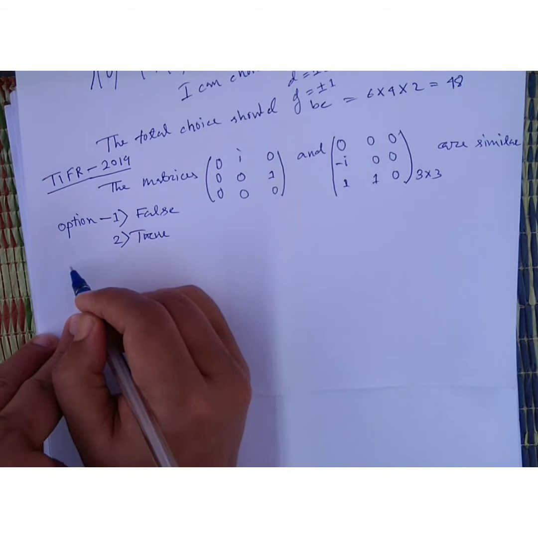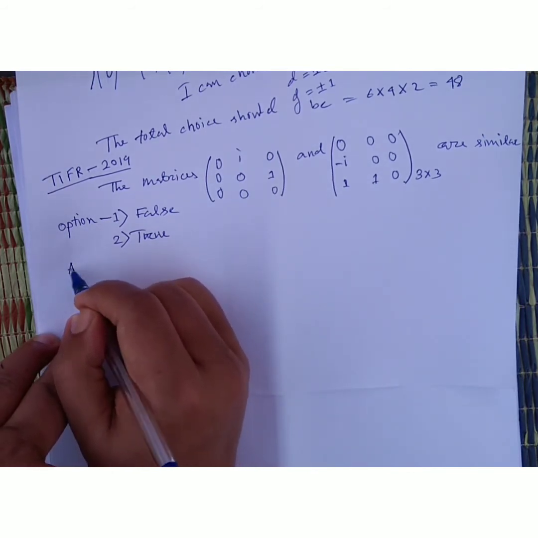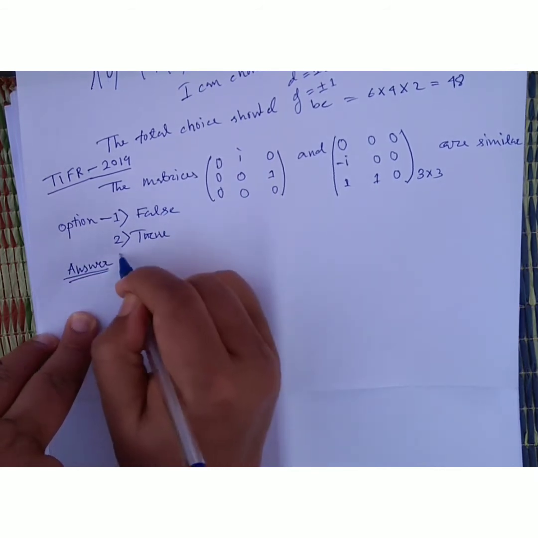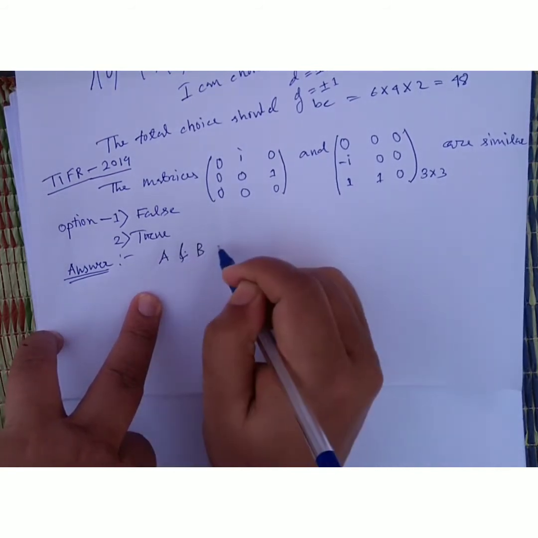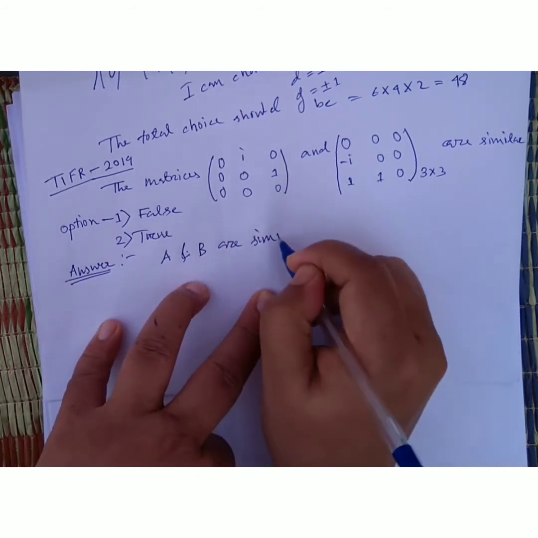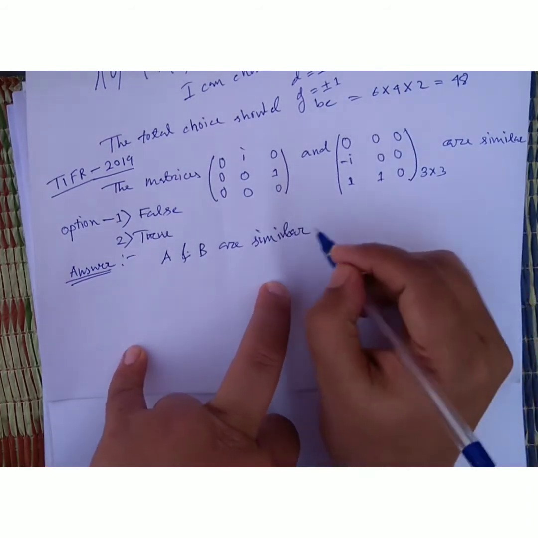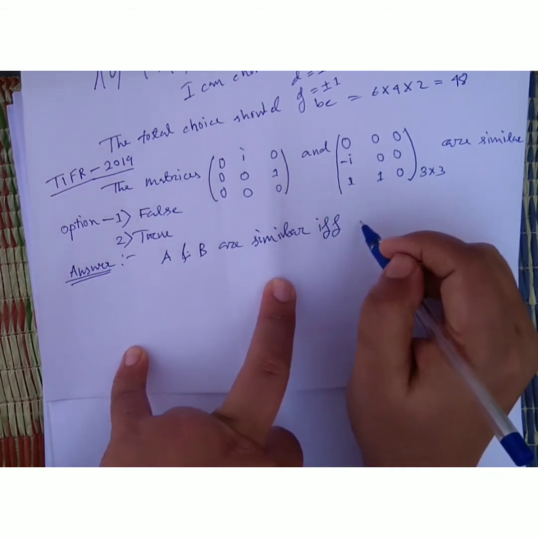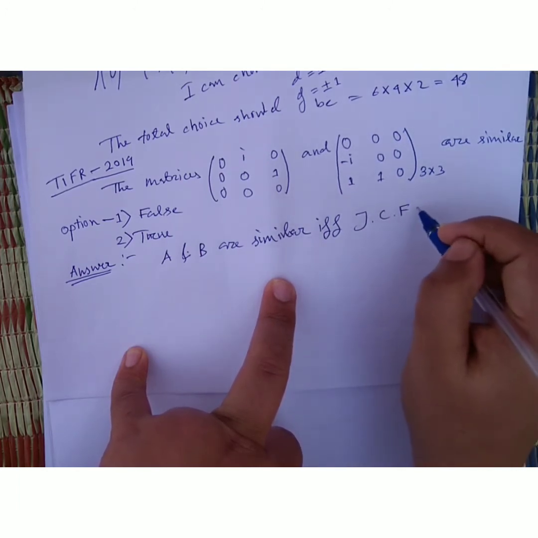So friends, we know the similarities. Before the answer, we have to know what a similar matrix is. A and B are similar if and only if their Jordan canonical forms, JCF, are equal.